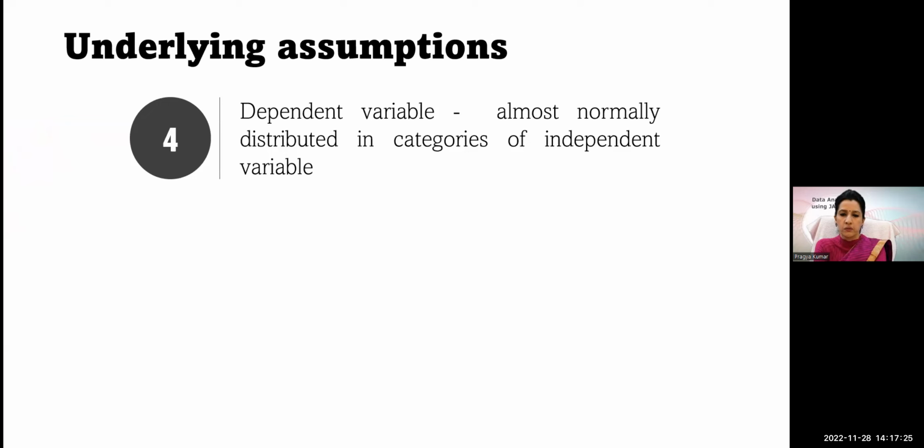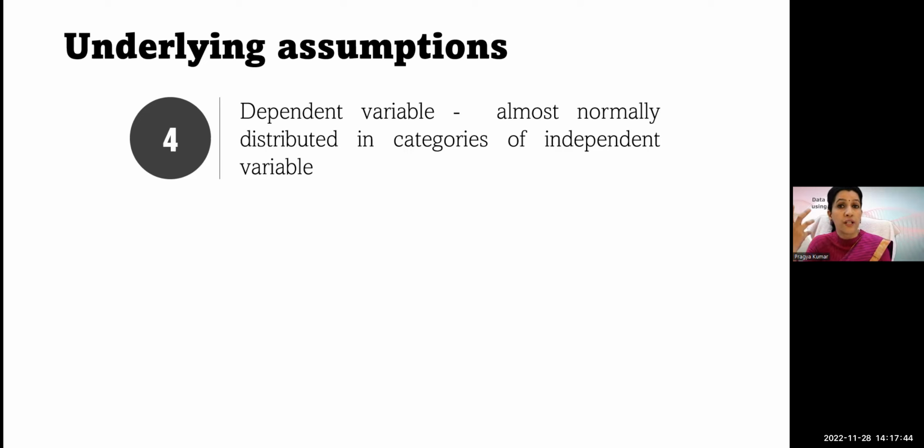Another assumption is the dependent variable should be normally distributed. Again, the same which we did in the independent sample t-test, that it should be approximately normally distributed, because this ANOVA is also a very robust test.